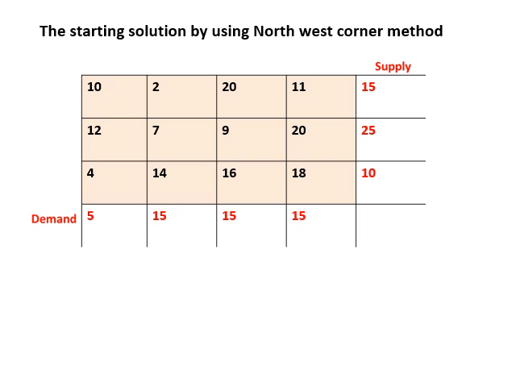Then we will begin the starting solution by the northwest corner method. From the name of the method, it starts with the northwest corner, I mean the northwest cell. So we will start with this cell and with this value for cost.